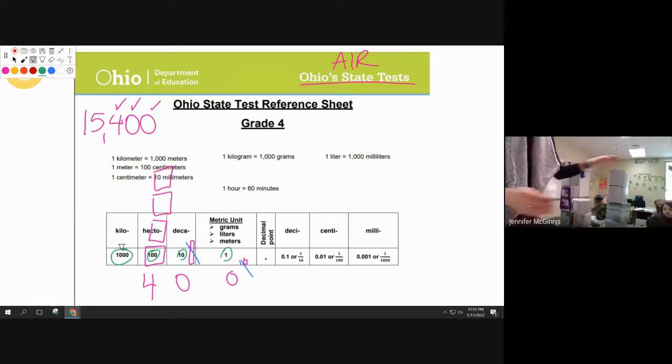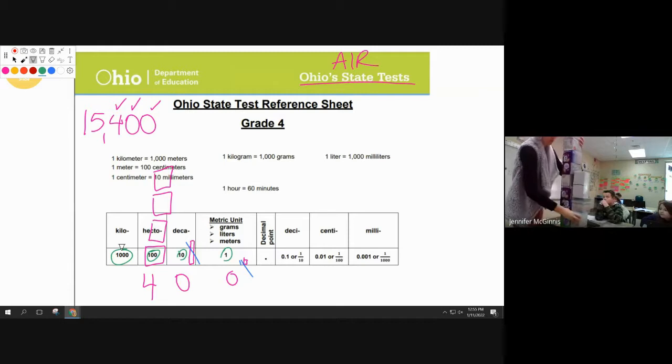Here's our 5,000. Now, 1, 2, 3, 4, 5, 6, 7, 8, 9, 10. Now I have all of our, how much? 15,000. So now I have 15,000.